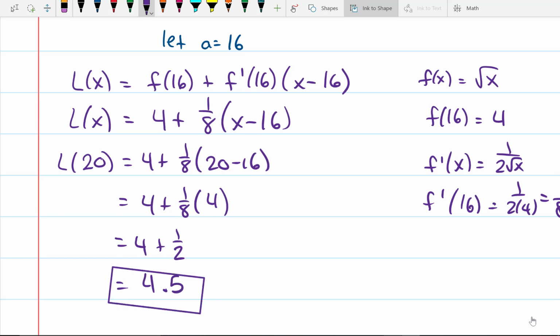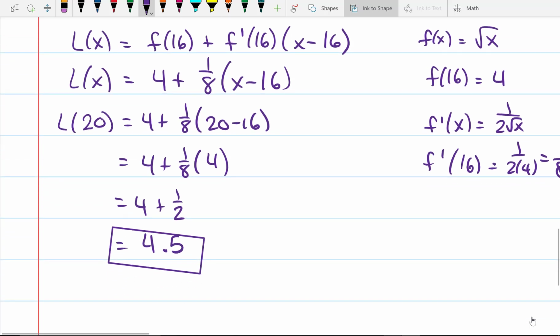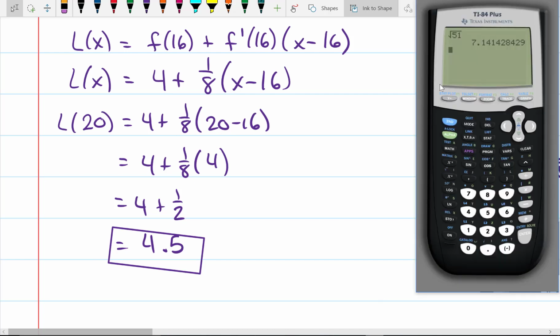This means that our answer should be about 4.5, and because 20 is about the halfway point between 16 and 25, we should be pretty close. So now all we need to do is check our calculator. The square root of 20 is in fact 4.47. So we're super close, everything's fine. And that's how you use linear approximation to evaluate a square root.